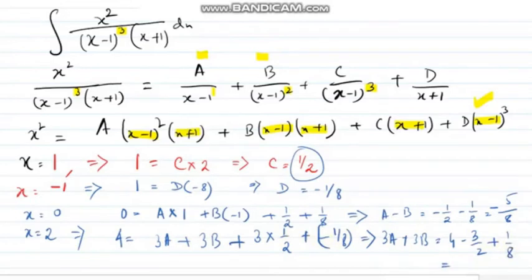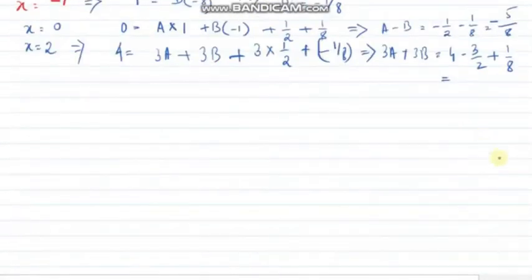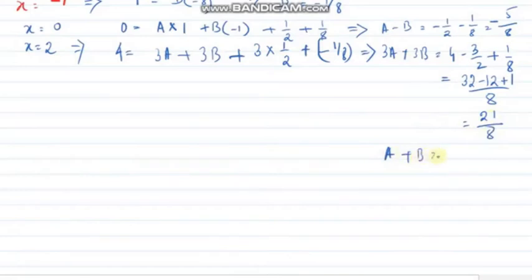So if I simplify, with LCM 8, it will be 32 minus 12 plus 1, so that will be 21 divided by 8, that is 3a plus 3b. So a plus b will be equals to 7 divided by 8.